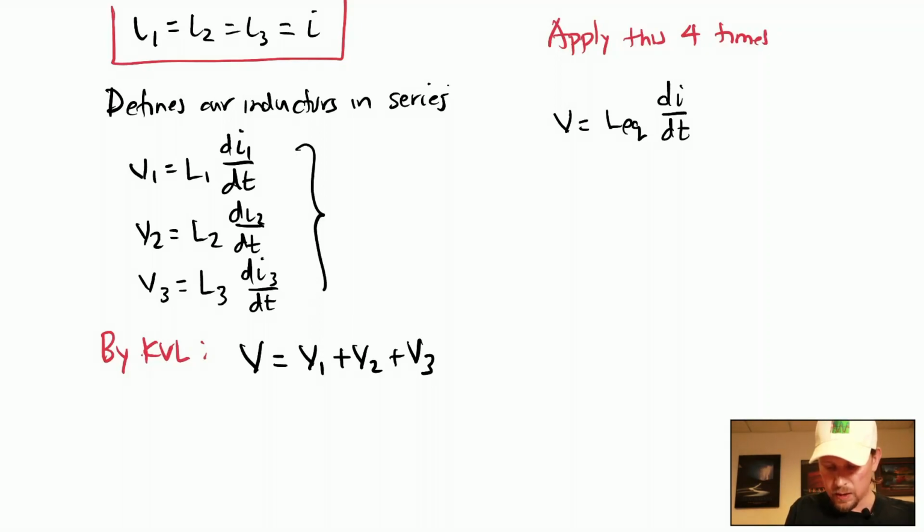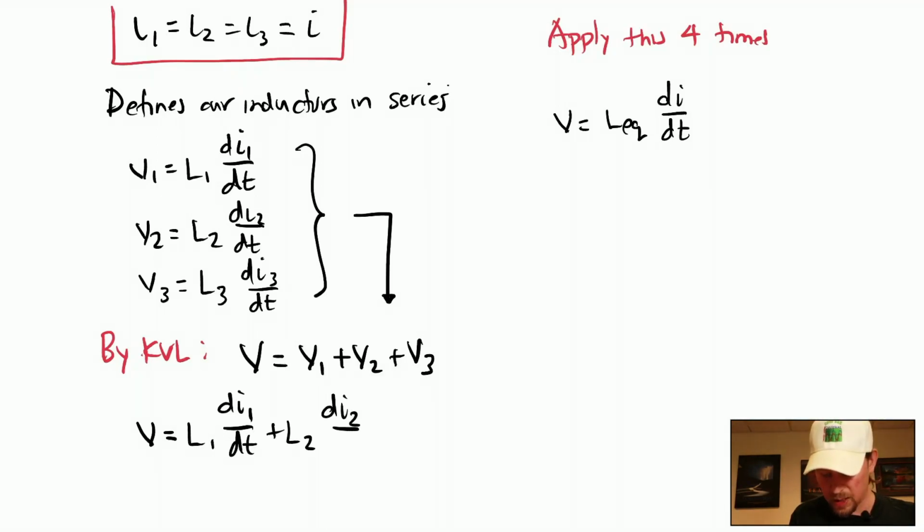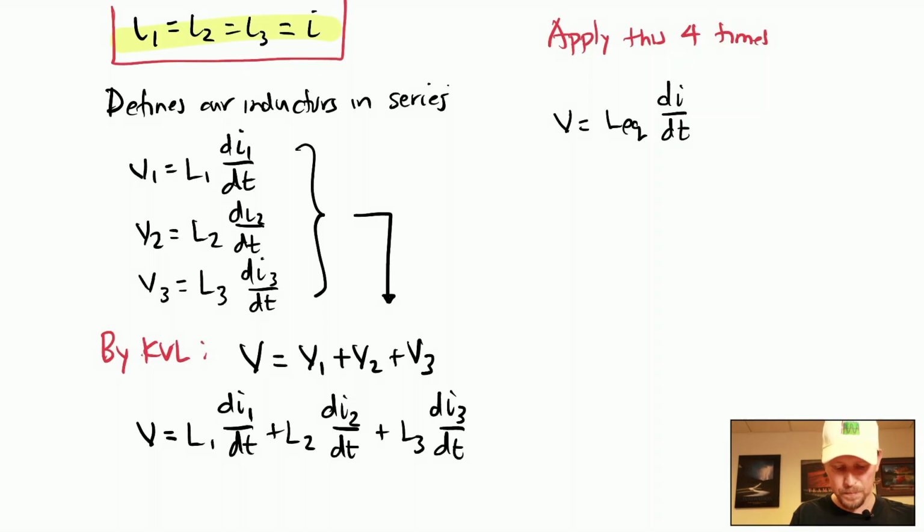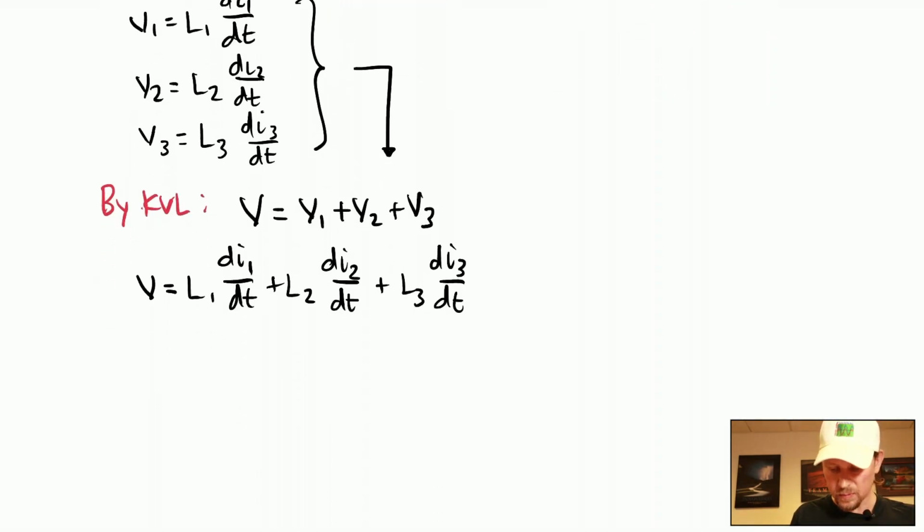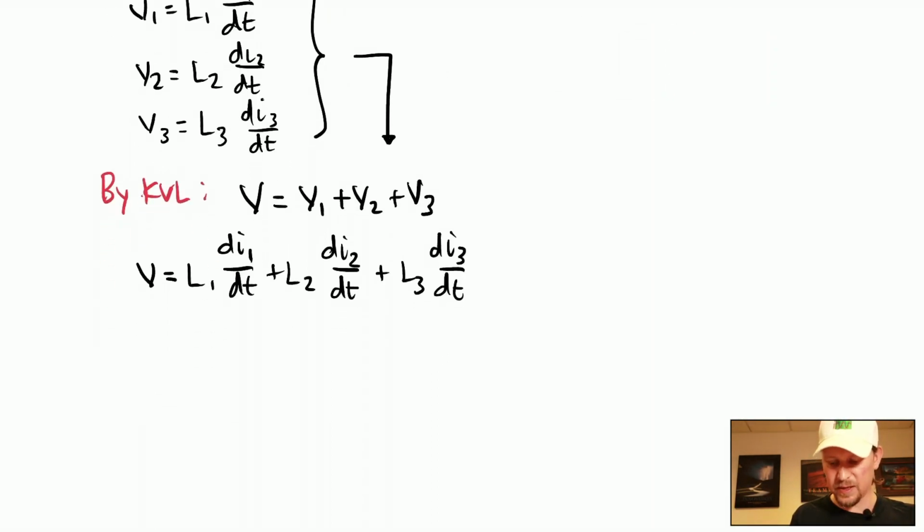Now I can actually use these relationships in here, right? Direct substitution. So I have V is equal to L1 di1/dt plus L2 times di2/dt plus L3 times di3/dt. And this is where our defining property comes in useful. Those three currents must be the same. So I can replace di1/dt, di2/dt, di3/dt just by di/dt.